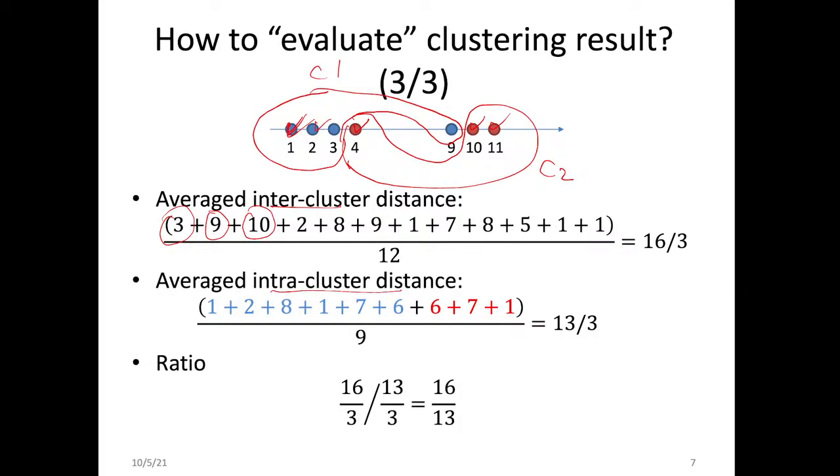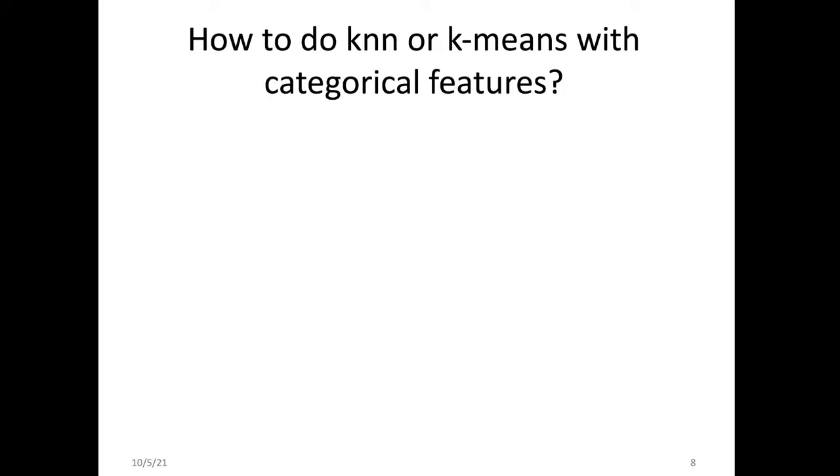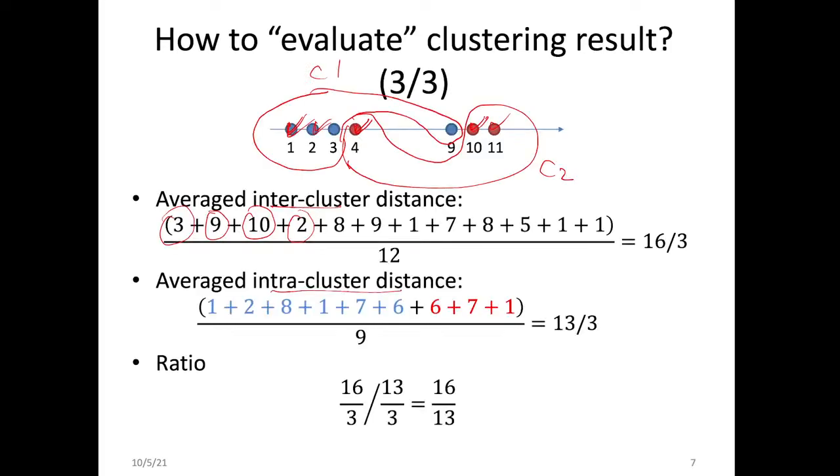And then 2 to 4, which is 2. 2 to 10, which is 8. 2 to 11, which is 9. Likewise 9 to 4, which is 1. 9 to 10, I'm sorry, not 9, 3 to 10, which is 7. 3 to 11, which is 8. And finally this 9 to 4 is 5. 9 to 10 is 1.